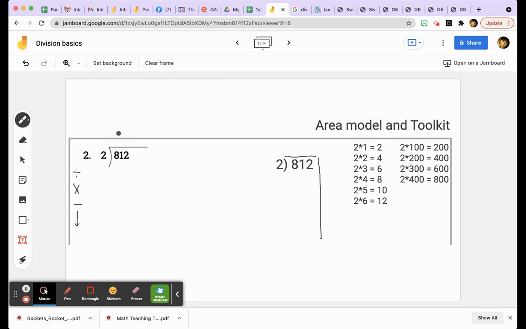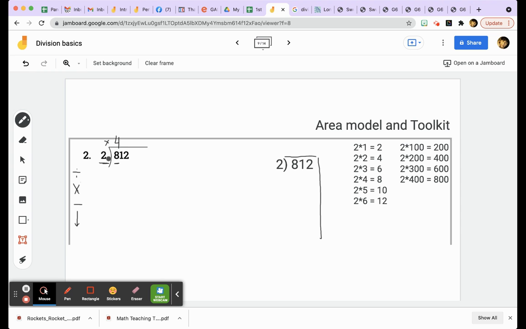So again, I'm going to start with 812 divided by 2. And I have one digit in my divisor. So I'm going to look at the first digit in my dividend. 2 will go into 8 4 times.